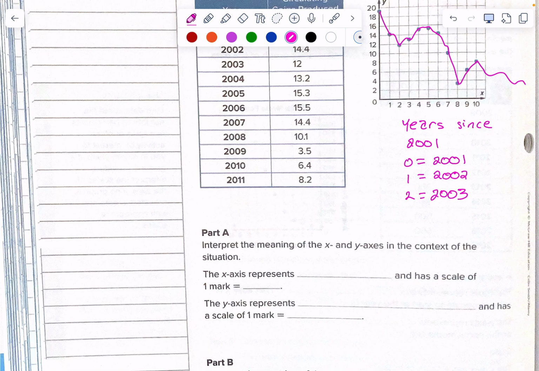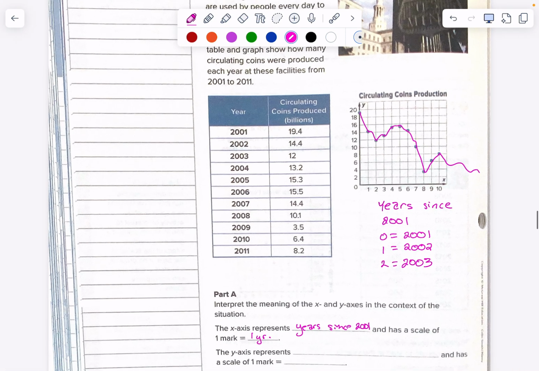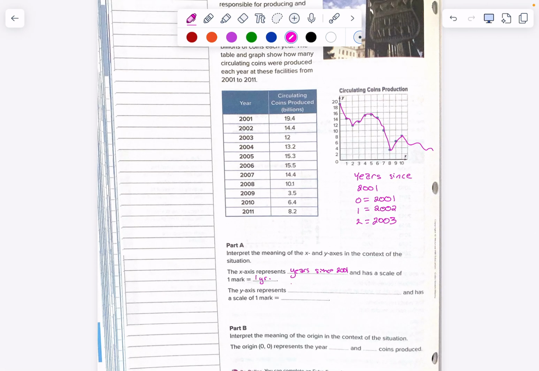The x-axis represents the years since 2001 and has a scale of 1 mark equals 1 year. The y-axis represents the circulating coins produced in billions, and has a scale of 1 mark equals 2 billion.